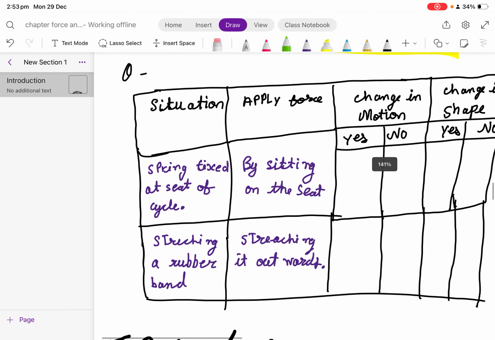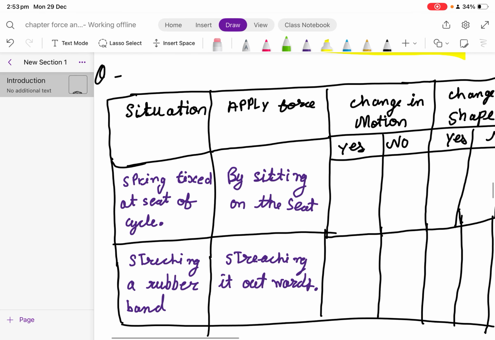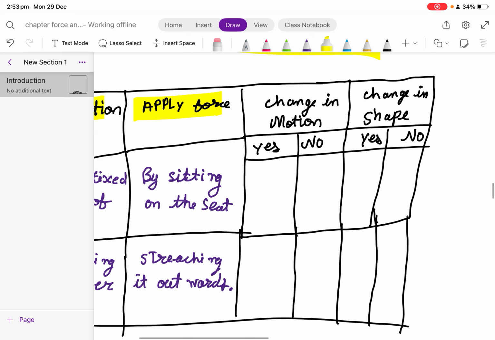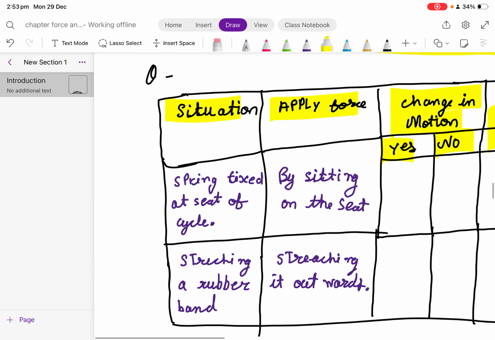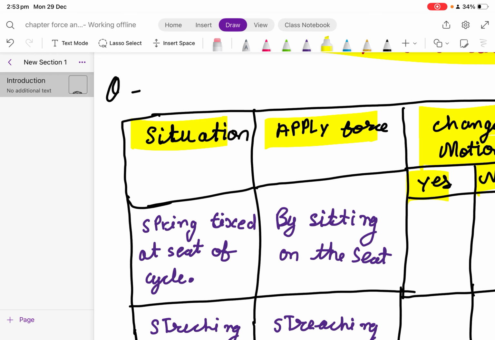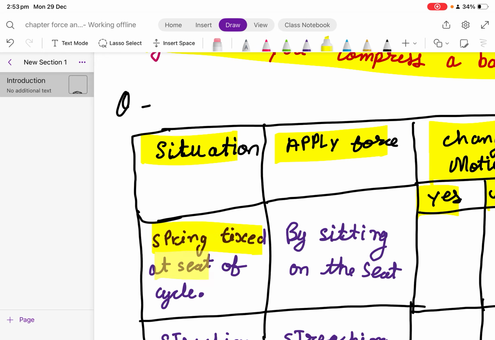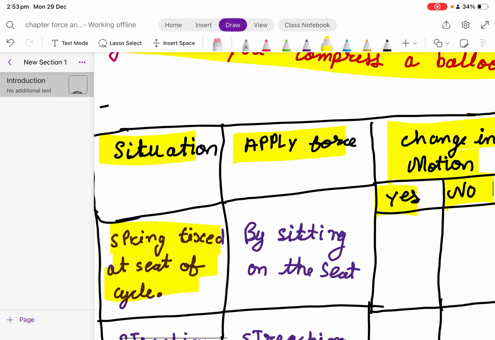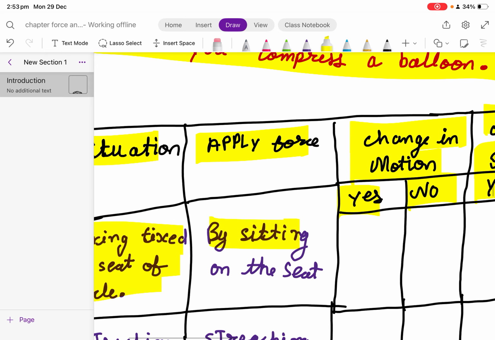Okay, now we'll be discussing a question. Here is the situation: for each, state the applied force, how the force is applied, and what the change in motion and change in shape is. If yes, then tick. If no, then tick in the other column. Now the first situation is a spring fixed at the seat of a bicycle.